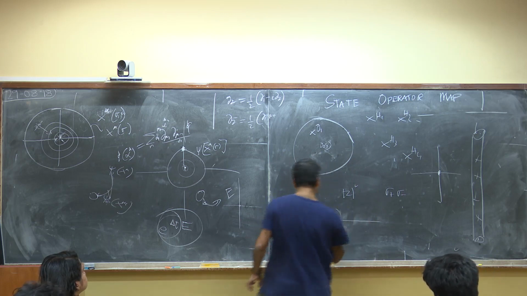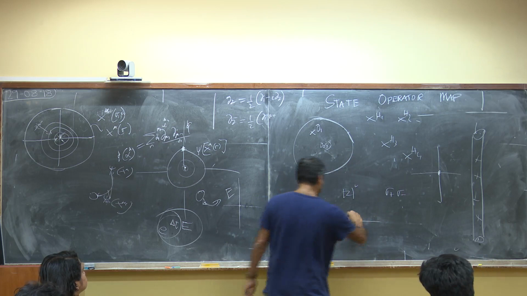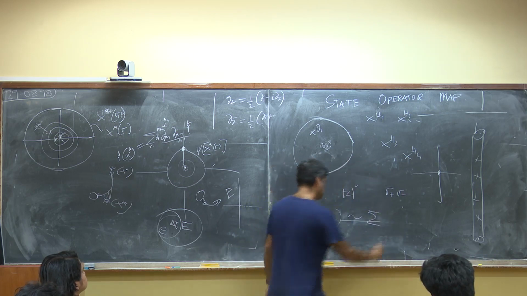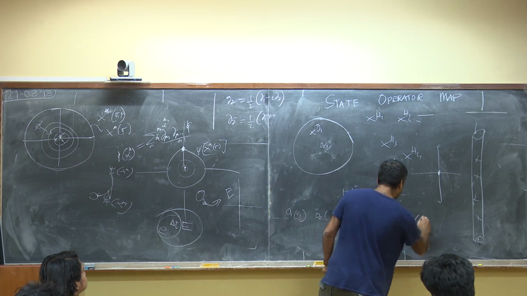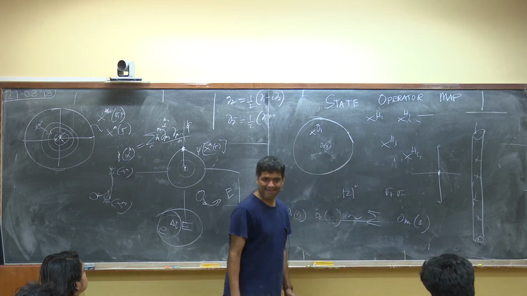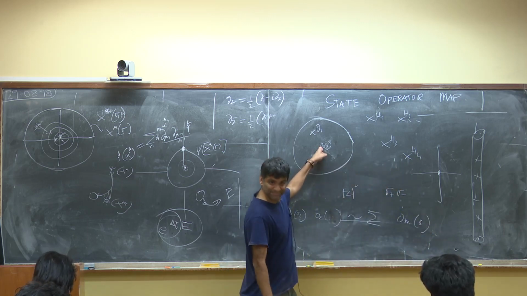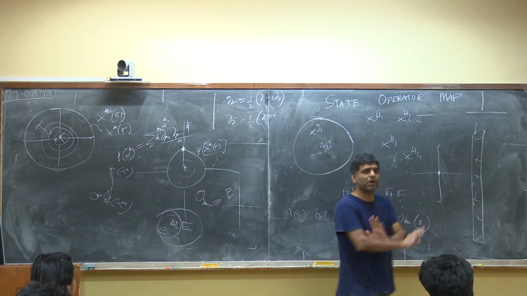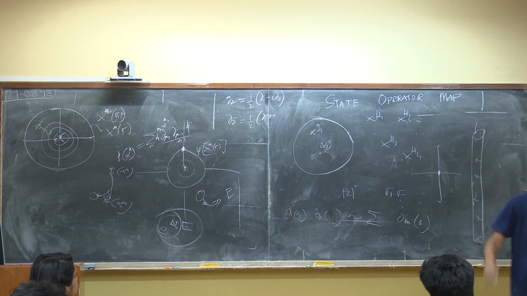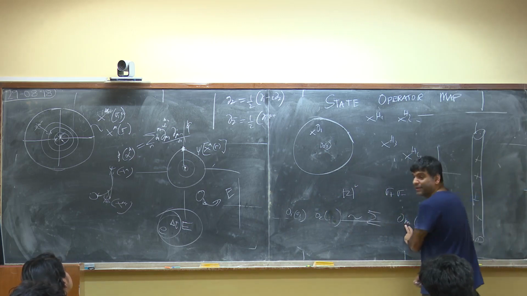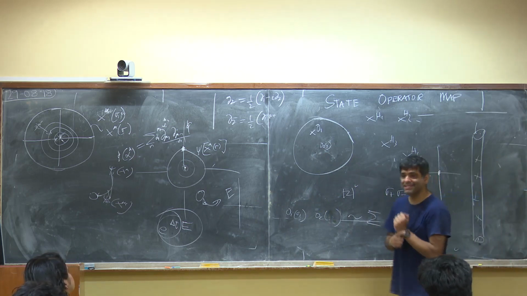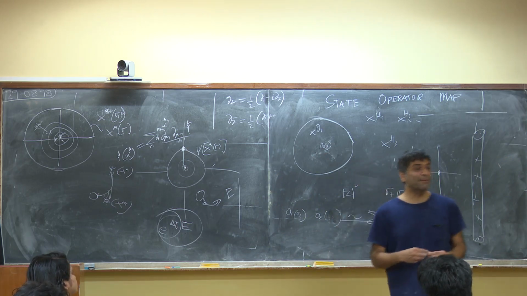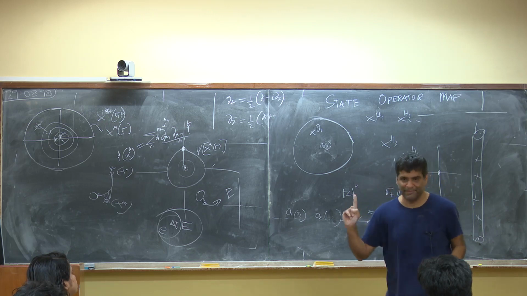O1 at sigma 1, O2 at 0 is some sum over OM at 0, because it's some operator. Yes, these operators are all operators, not necessarily primaries. Now why did I write this as a sum over operators? I wrote it as a sum over operators because of the state operator map.